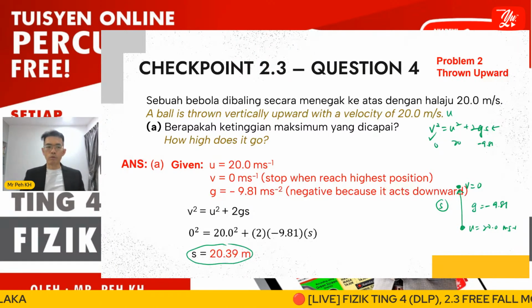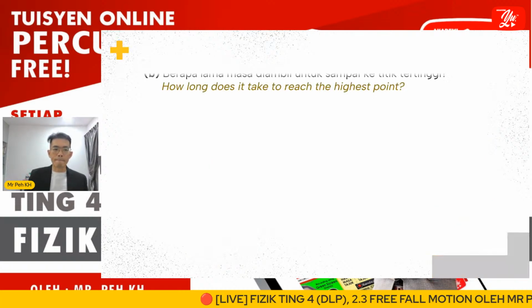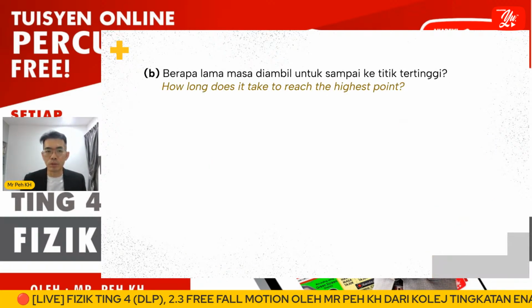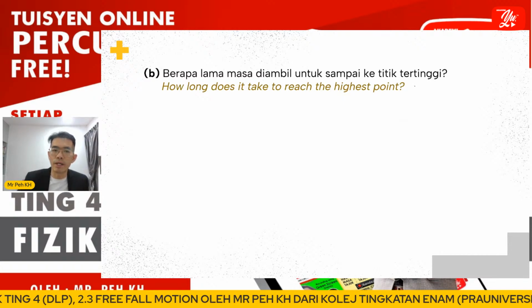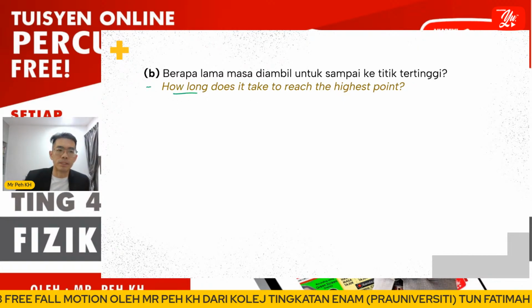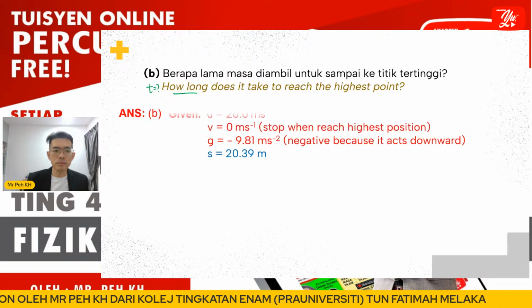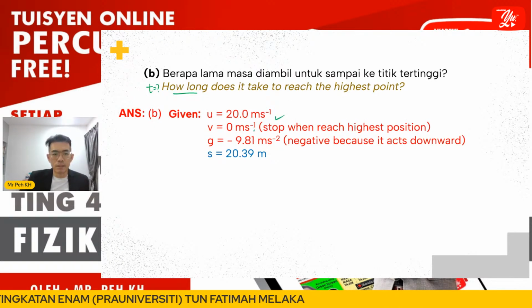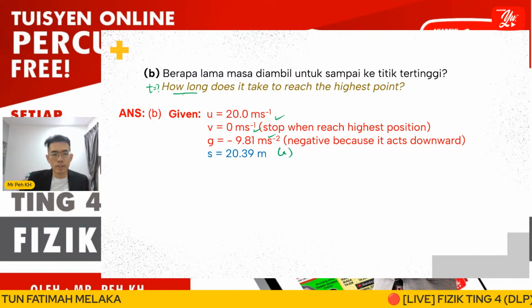Okay, so now we go for our last question, B. How long does it take to reach the highest position? That means now we want to find the time taken, t. Again, here are the listed values we know already, including the s we got from question A just now. So what is the value of t?